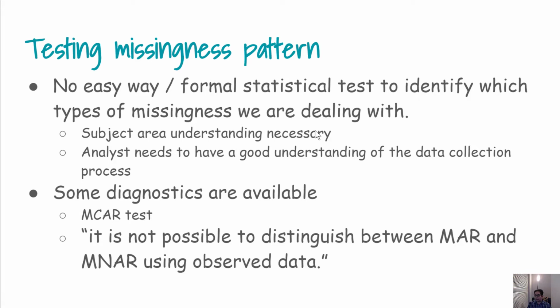Say for example, for the income example, one can try to explain why those income values were missing for certain people but not for the other people. And as an analyst, you need to have a very good understanding of how the data was collected, the data collection process, and how the data was gathered and all that. There are some diagnostic tests available, and in the lab we will see some of those.